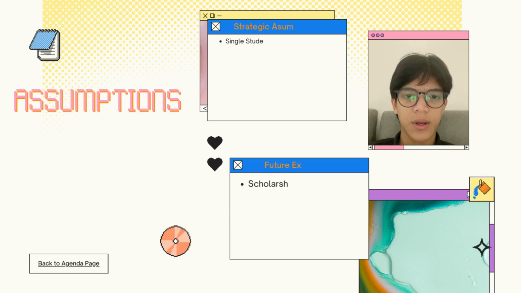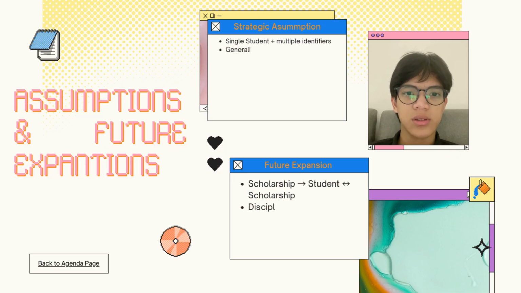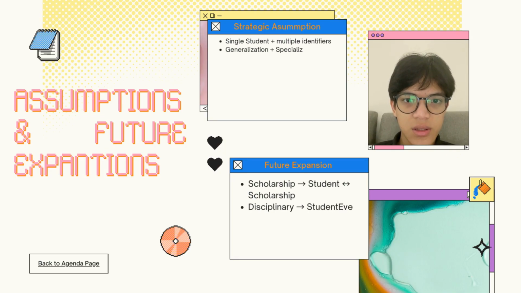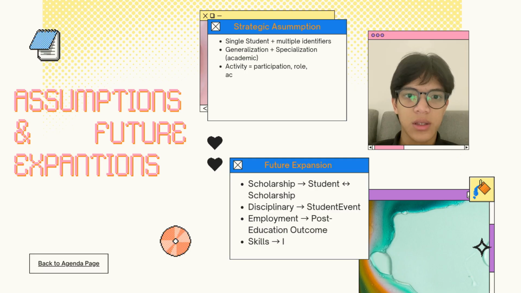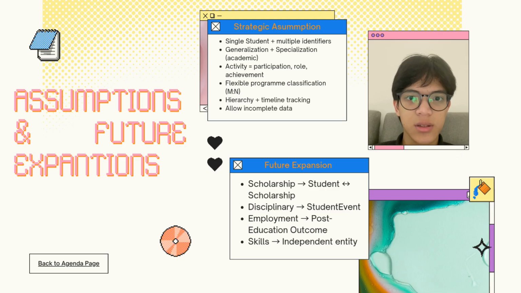Based on the identified ambiguities, I developed several key assumptions to guide the system design. First, since students have multiple identifiers across systems, I assume a single student entity with a surrogate key, while storing all identifiers separately to avoid duplication. Second, academic structures differ across levels. So instead of forcing a single format, I use generalization with specialization to preserve differences, such as TP, exams, and GPA.